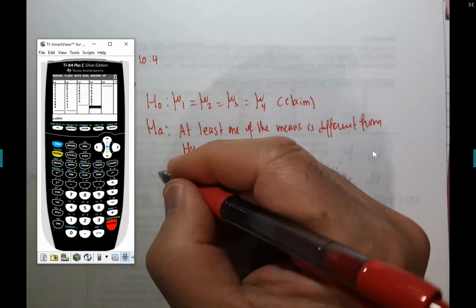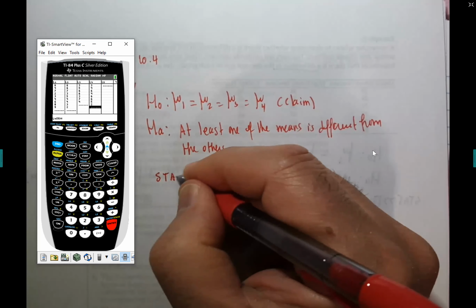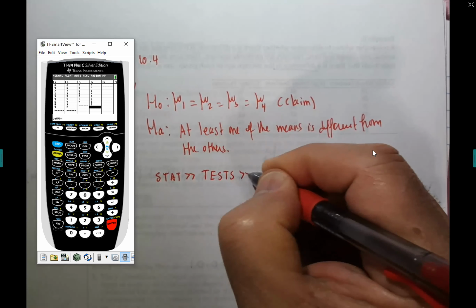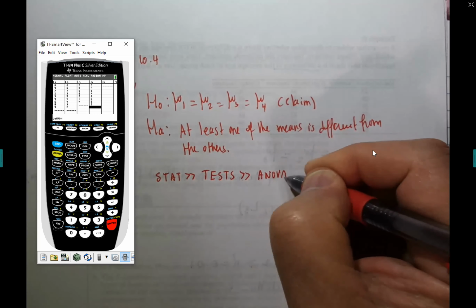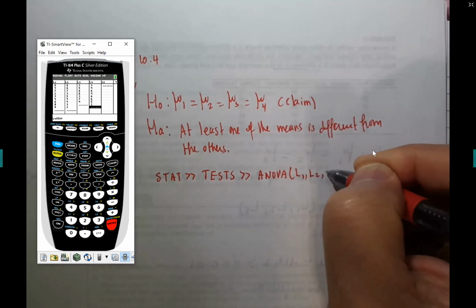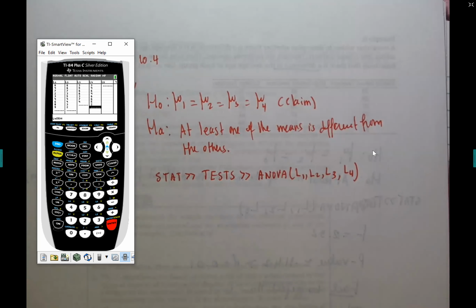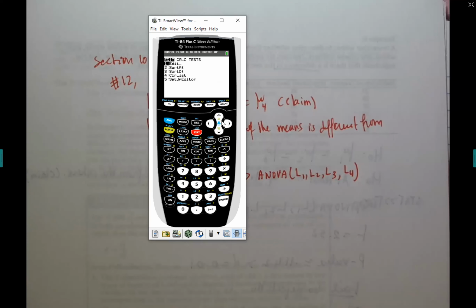Okay, and now we're going to go to stat, and we're going to go to tests, and we're going to run ANOVA, and we're going to put L1, L2, L3, L4. I don't think you will have problems with more than 4 lists in this section. So now you go to stat, tests, scroll up, point to ANOVA, and let's enter the values.